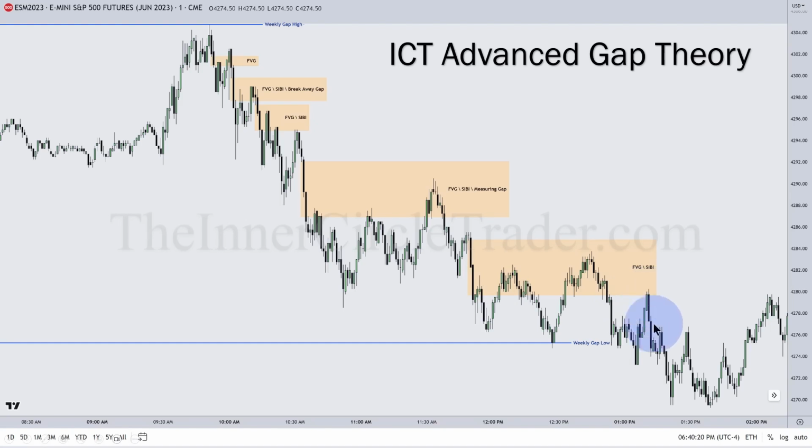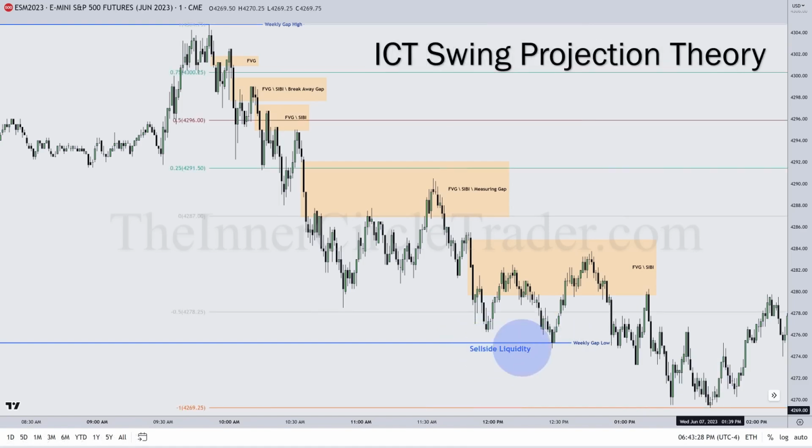And then price does what? It trades lower. Where does it trade to? Below the sell side here, but not some random level. If we take the high of that price swing and draw that Fibonacci all the way down to that candle's high right there, from high to low of the gap. Why this gap? Because this is the measuring gap.